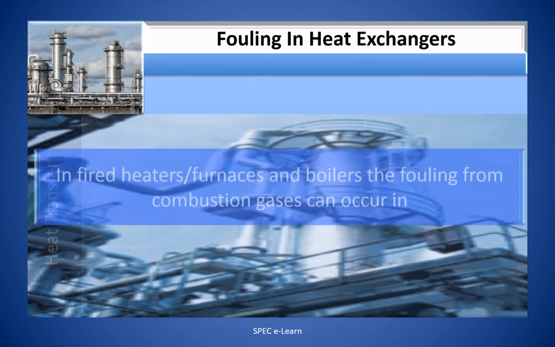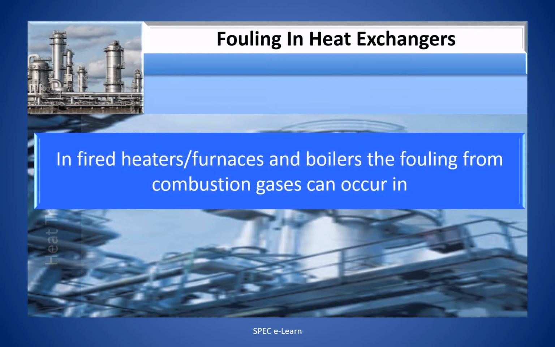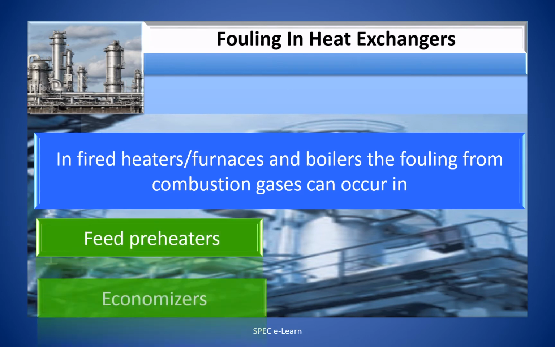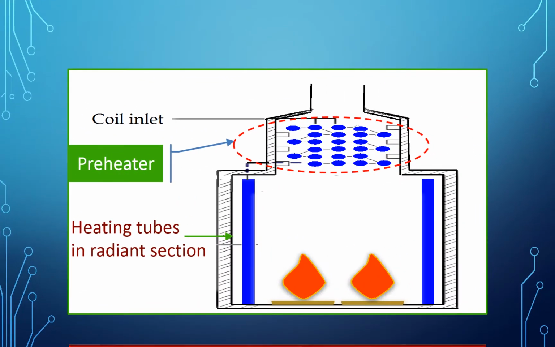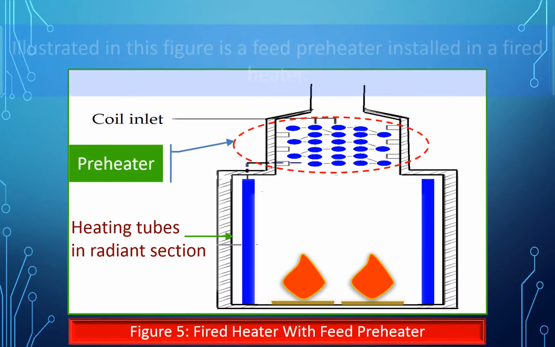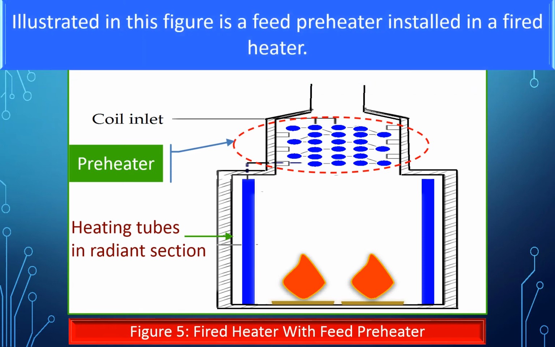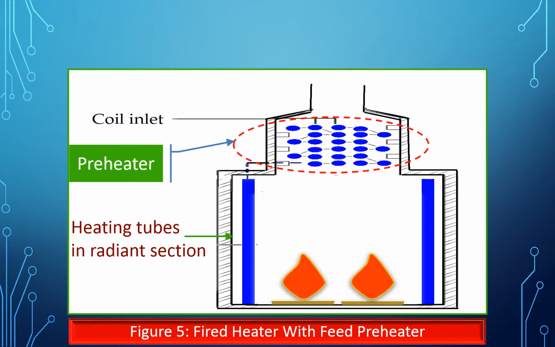In fired heaters, furnaces, and boilers, the fouling from combustion gases can occur in feed preheaters, economizers, and superheaters. Illustrated in this figure is a feed preheater installed in a fired heater.